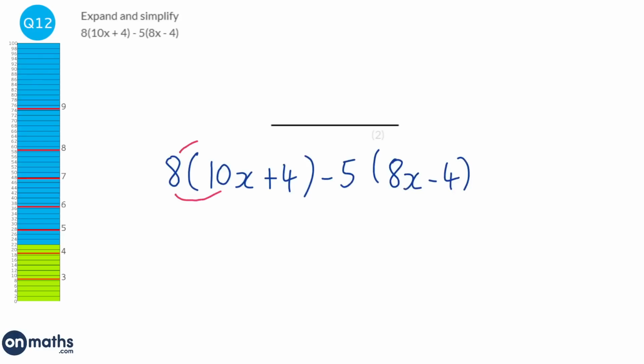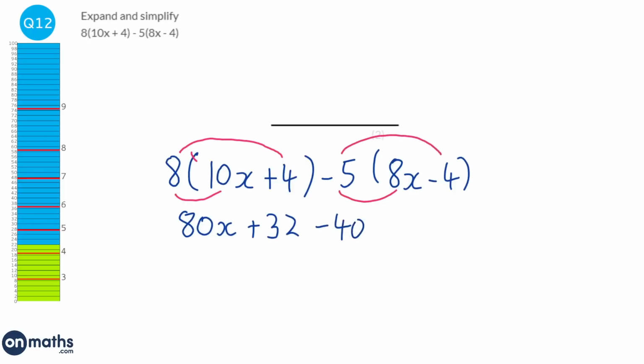So we multiply the 8 by the 10x, which will make 80x, and multiply the 8 by the 4, which will make 32. Now here we've got a minus 5 on the outside, so we do minus 5 times 8x, which is minus 40x, and minus 5 times minus 4, which is actually plus 20.